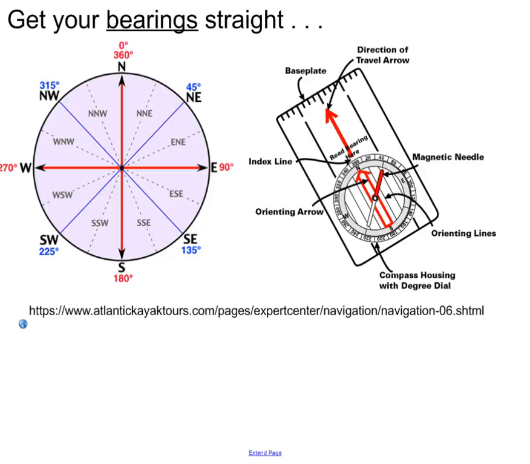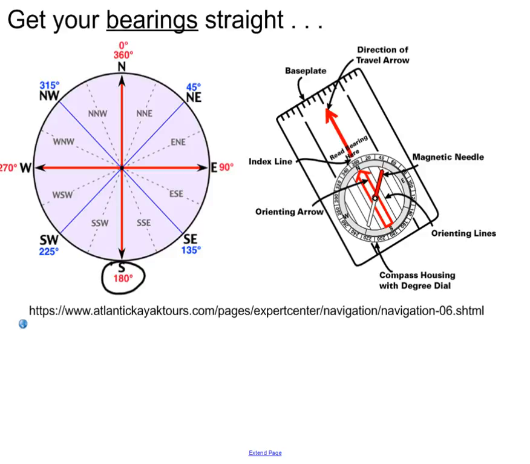So you're looking at north. Say magnetic north on a compass is being detected by the compass magnetic needle, and the bearing is measured clockwise from north. So if you are walking due north, you're walking on a 0-degree bearing. If you are walking due south, you're walking at a 180-degree bearing.